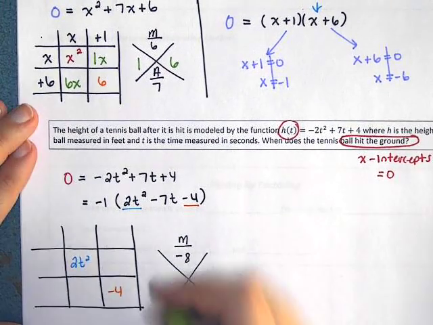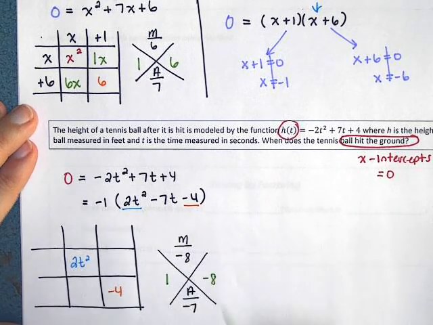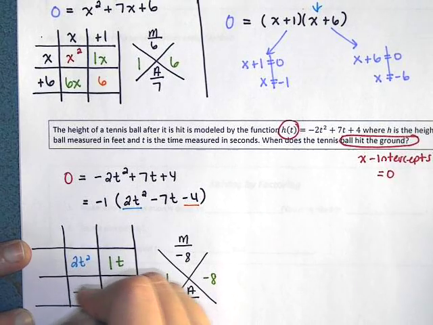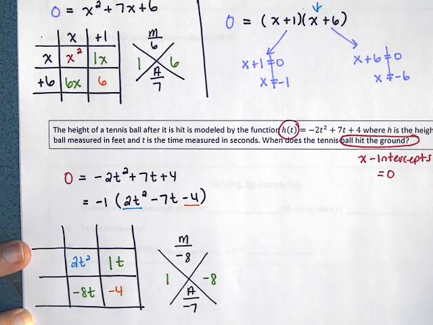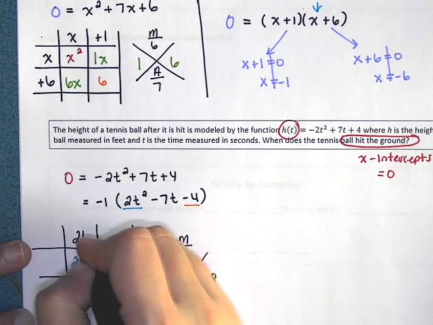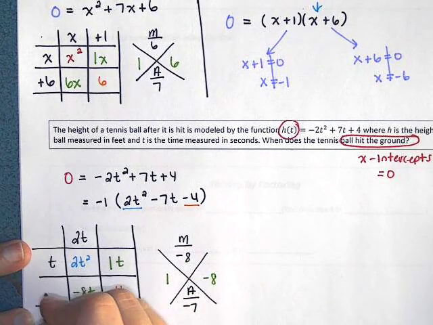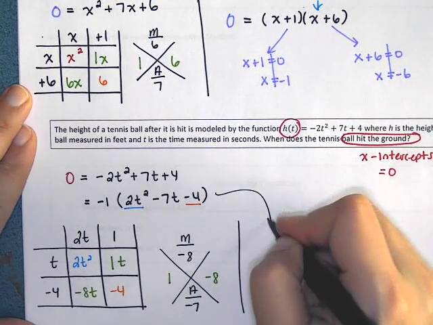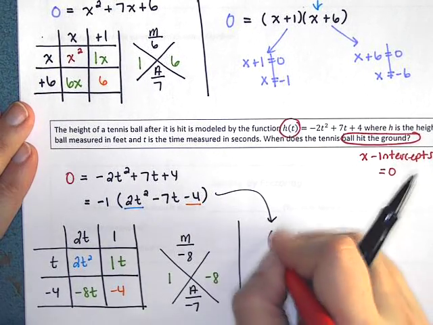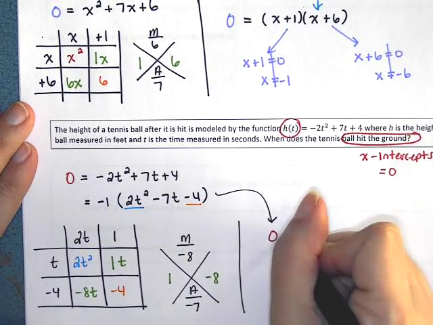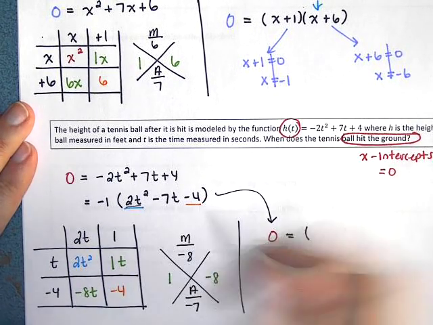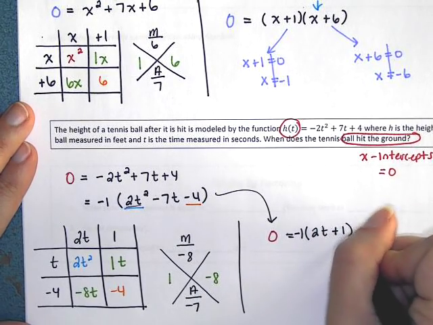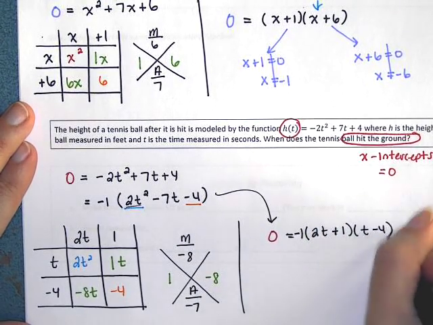So the factors of 8 that make -7 are 1 and 8, and I would just make the 8 negative. I would have 1t here and -8t here, and then I can just factor. So this column has a 2t in common, which means this must be t, this must be -4, and this must be a 1. So my new equation will be 0 equals -1, parentheses 2t plus 1, parentheses t minus 4.